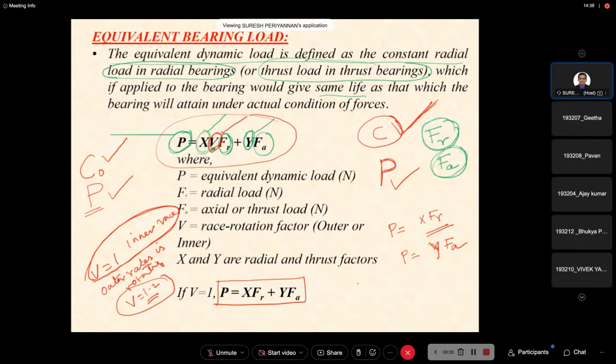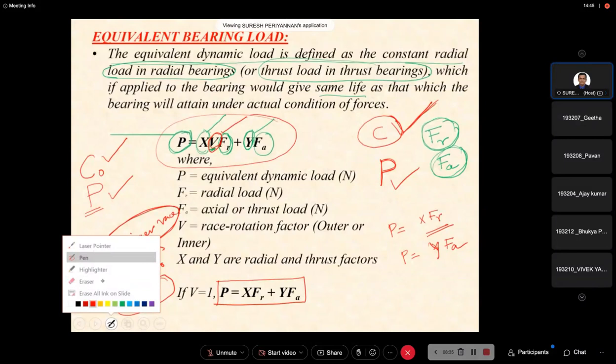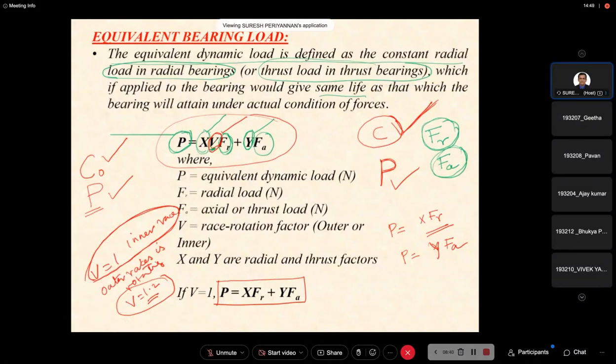As of now, these are the things we discussed. These are the very important parameters in the table. Based on these parameters only, we are going to access the manufacturer catalog table.